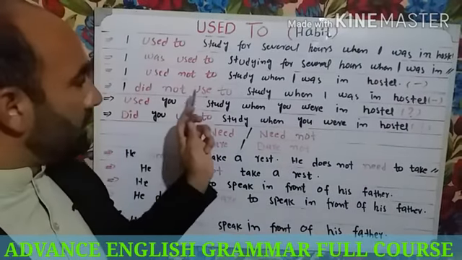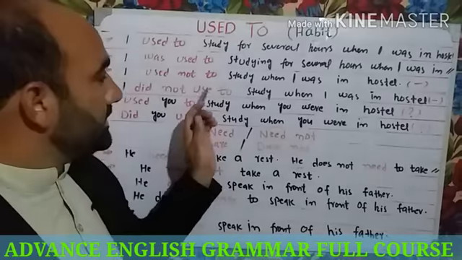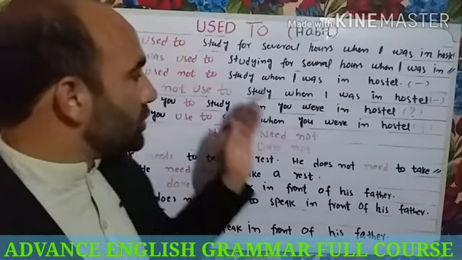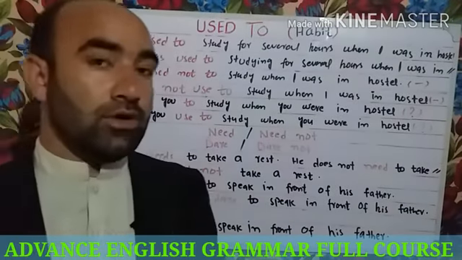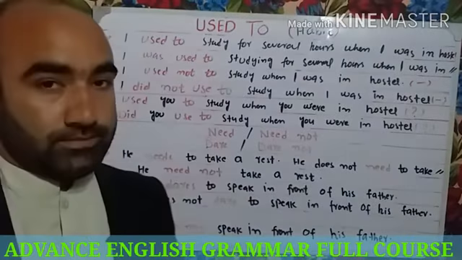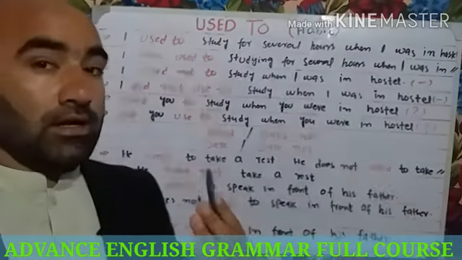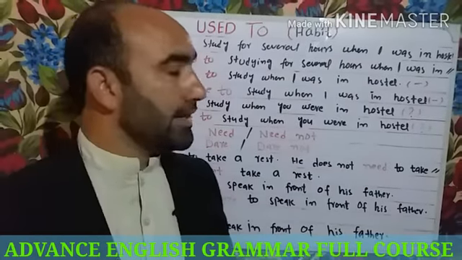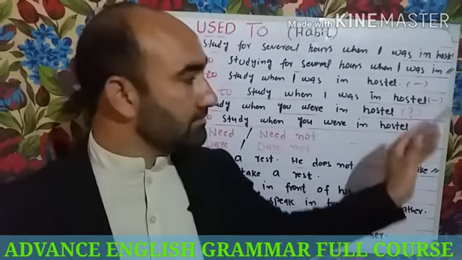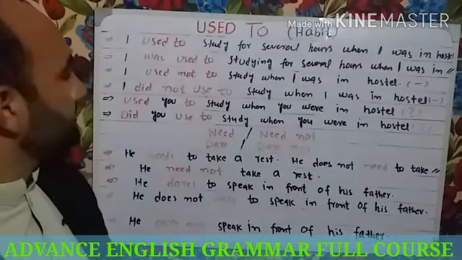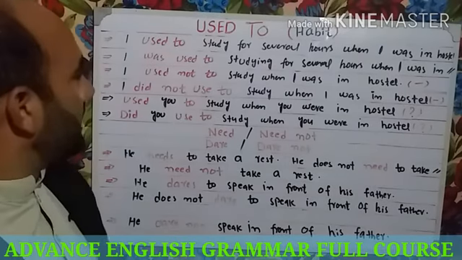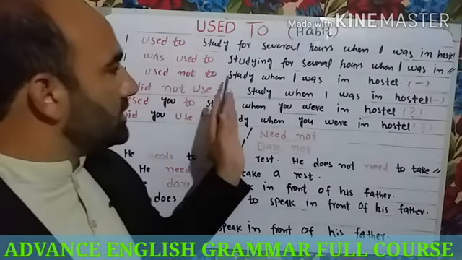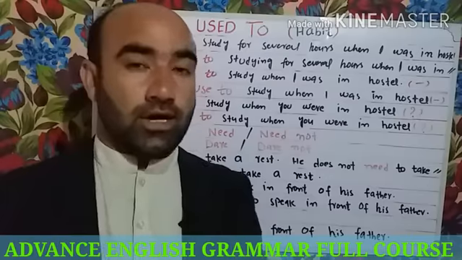I did not use to. Here I dropped the D from used. Before it was used, but I removed the D from the modal verb. I did not use to study when I was in the hostel. Negative sentence. And another sentence: I used not to study when I was in hostel.